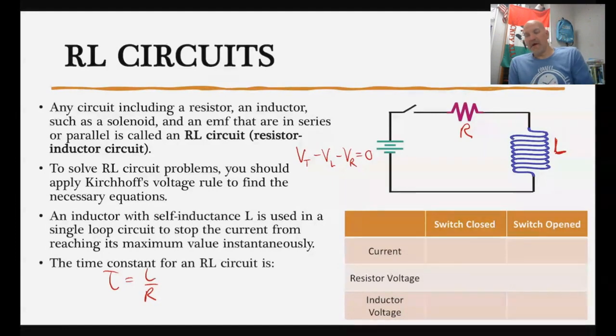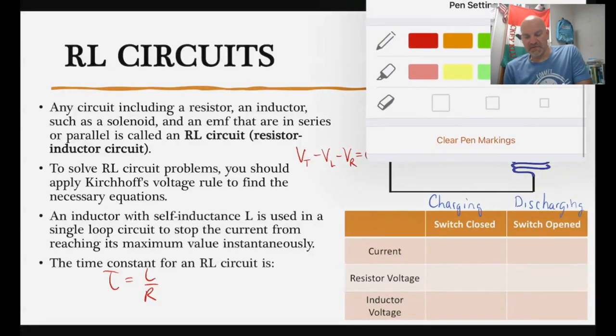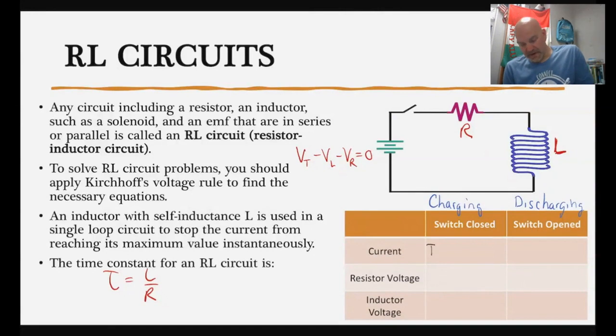Here is a little bit of help. If you take Kirchhoff's rule, when you close the switch, you are charging the system, and when you open the switch, you are discharging the system. If we want to find the current, we use our max current times 1 minus e to the negative t over tau.